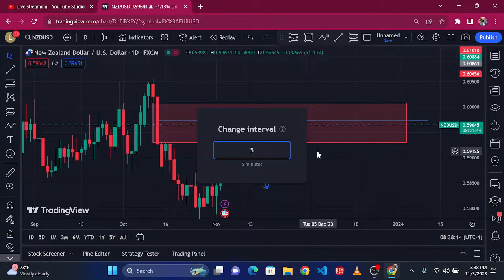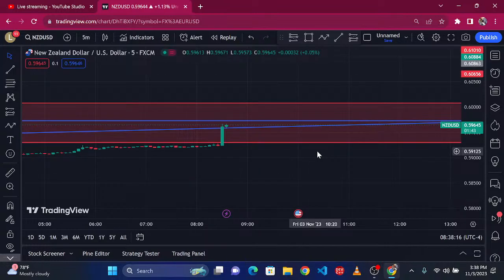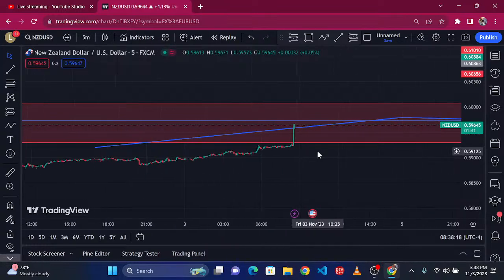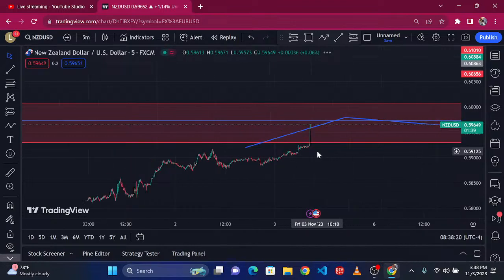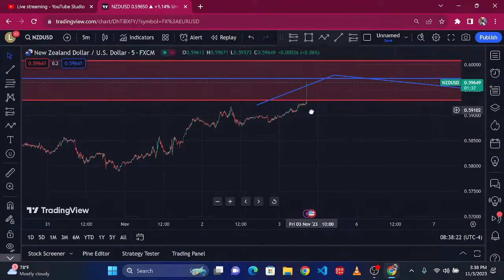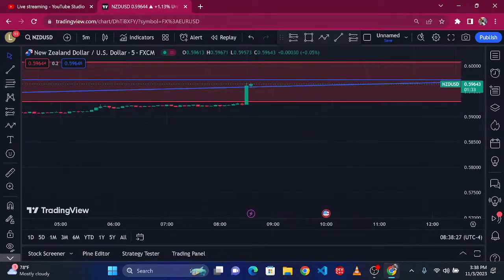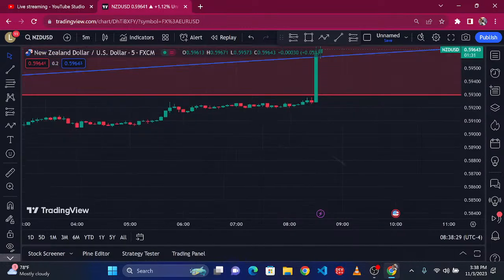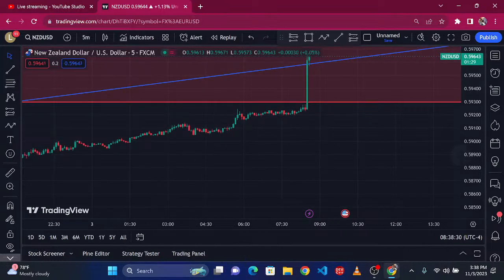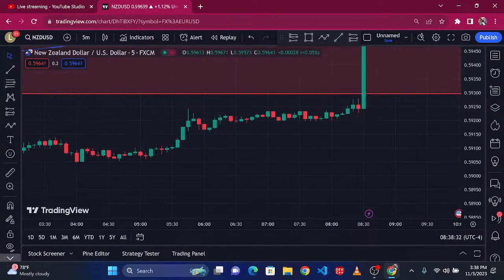If we go to the 5-minute time frame, you can see the setup we had.